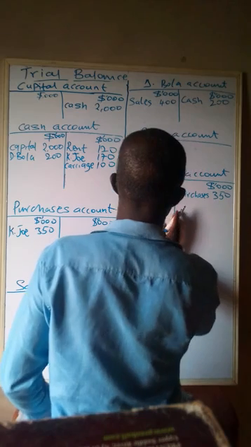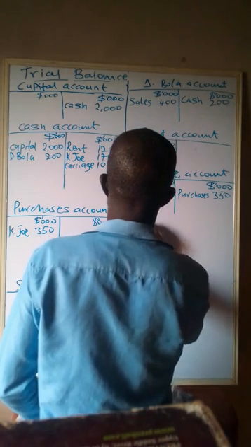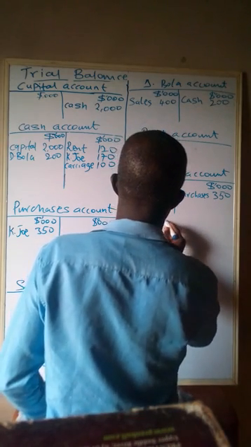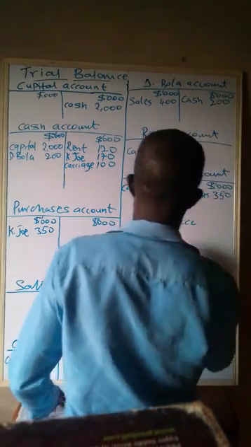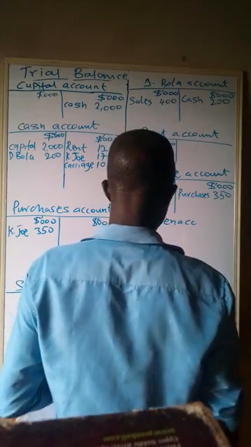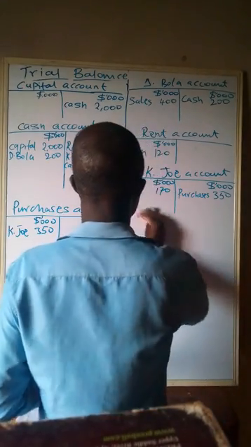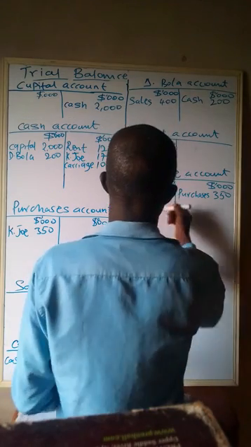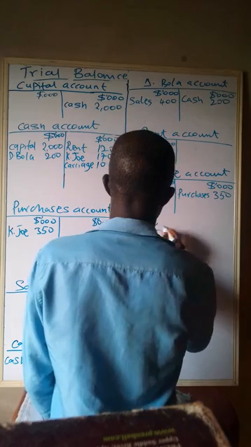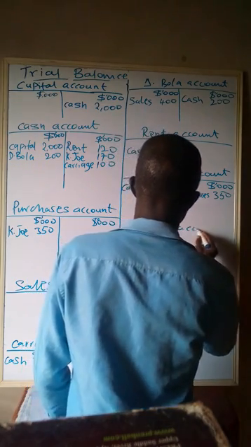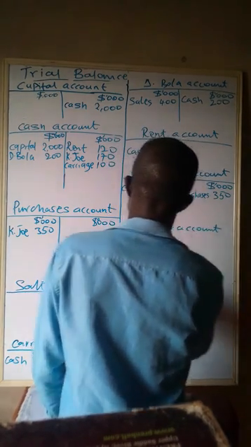So I go ahead and open the S-Ken account, and bring it in a bit, because I have to balance off the Kejo account.